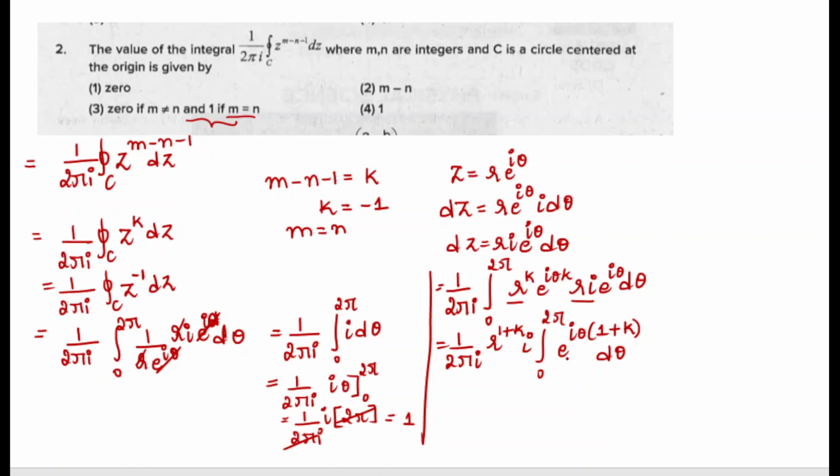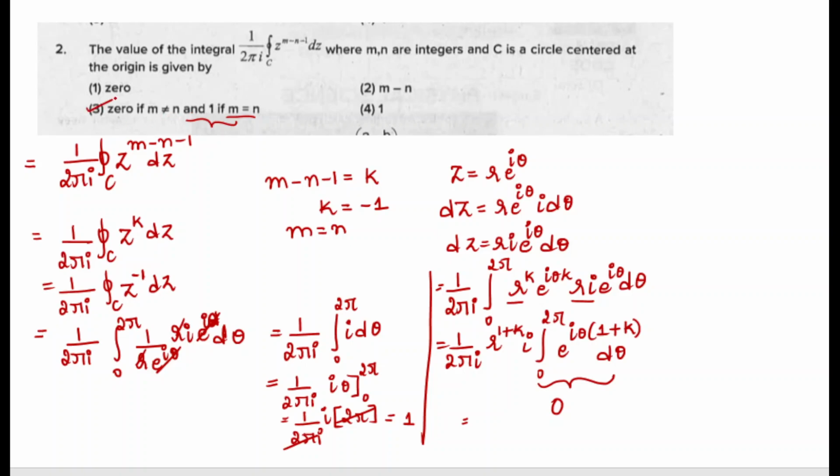After integration, we get e to the power of i theta into 1 plus k divided by i into 1 plus k. The i cancels and 1 plus k remains as it is, and after that we can substitute. After integration, we will get this value to be equal to 0. Okay, you can cross check, take this as homework. This integral value will be equal to 0, so I can tick this option.